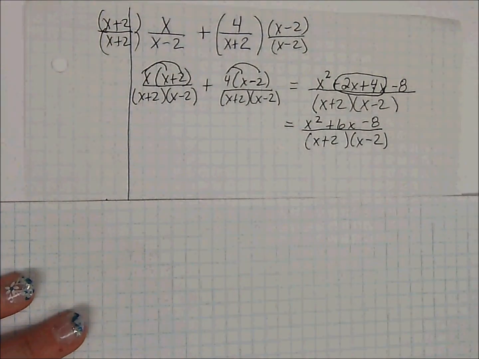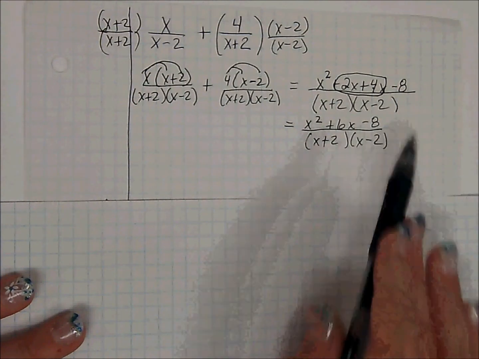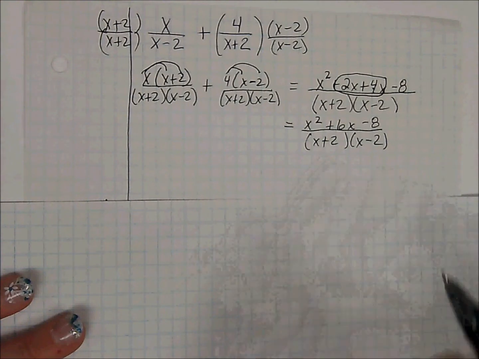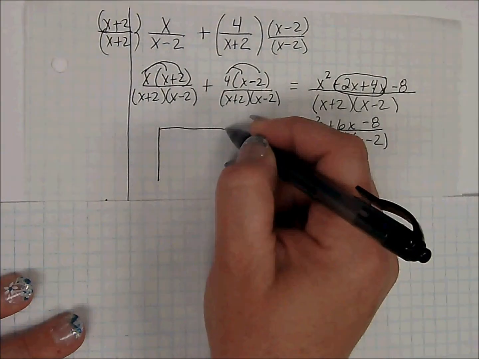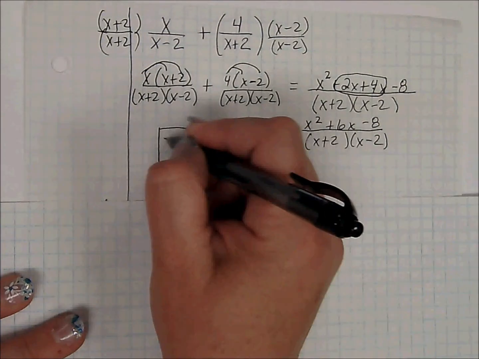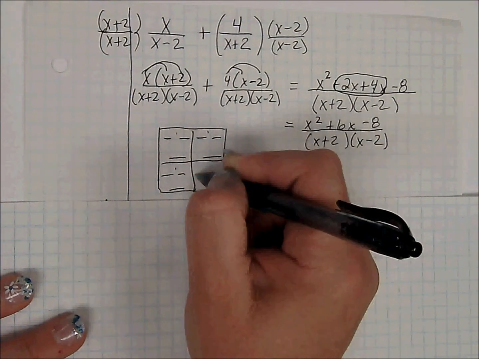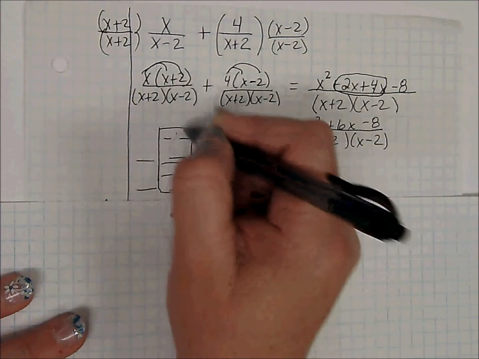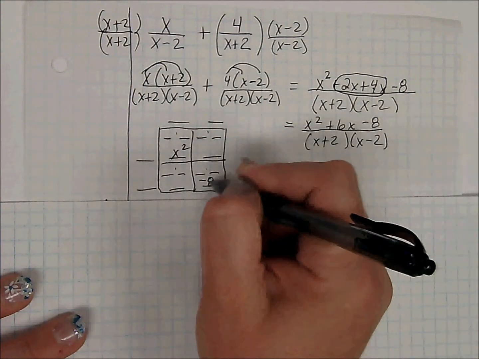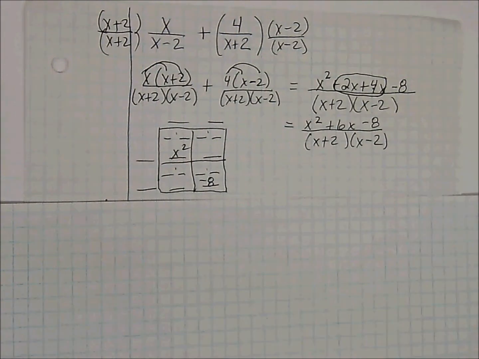Now I have a question of whether or not I can factor the top and get what I need for the bottom. And I'm going to try it because I want to see, does it factor? Not a lot of room to fit this box in, but that's okay. We don't need a lot of room. X squared, negative 8. Now, I've got to get a positive 6 in the middle.